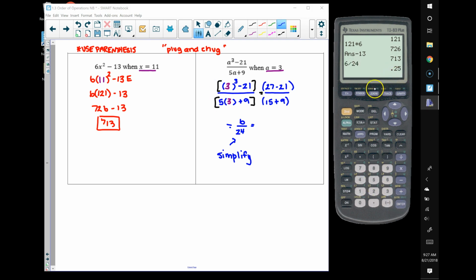You'll get that decimal, but then remember, you can turn that into a fraction by hitting math, enter, enter, and it is 1/4. Always leave answers as fractions unless I tell you otherwise.